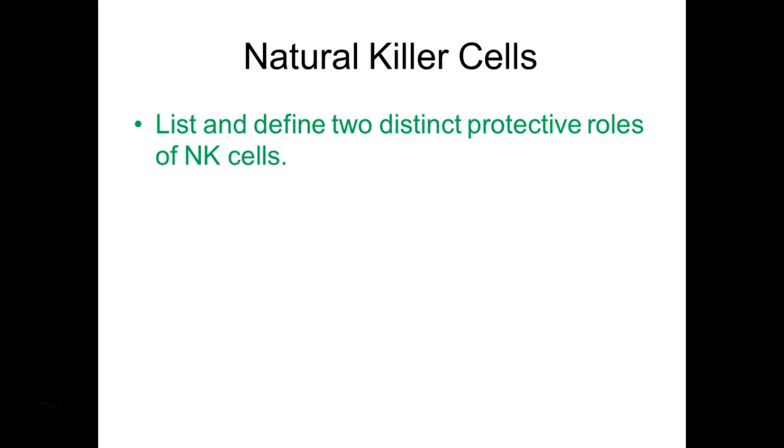And the natural killer cell is the one that's going to kill it. But how does that natural killer cell know to kill that cell? Antibodies. Because it's antibody-dependent cellular death we're talking about here, right?